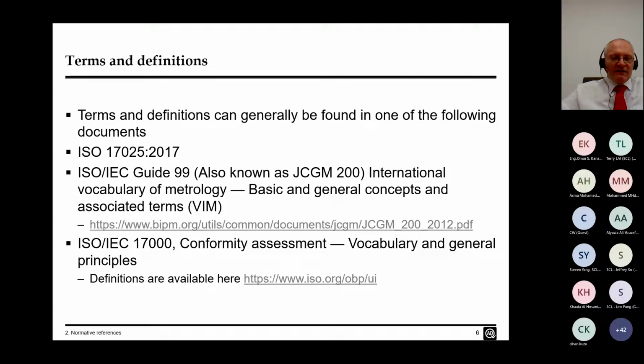And also, a number of them come from conformity assessment, so you'll find them in the ISO IEC 17000 document. You have to pay for ISO IEC 17000, but conveniently, most of the definitions are available online in the ISO online vocabulary, which is the link is here. So those are where you will find terms and definitions.